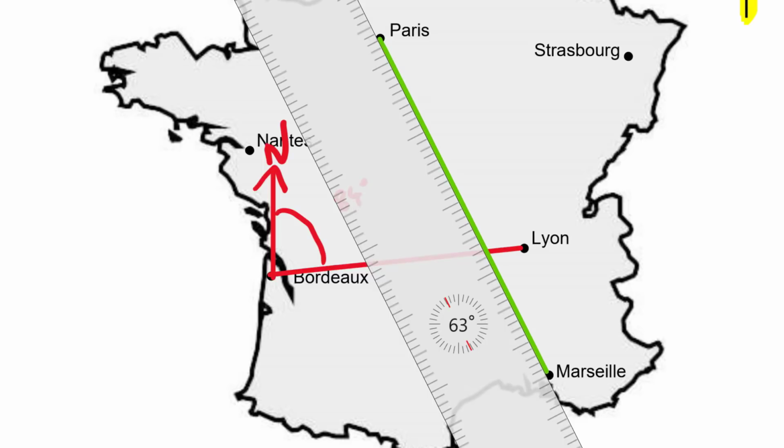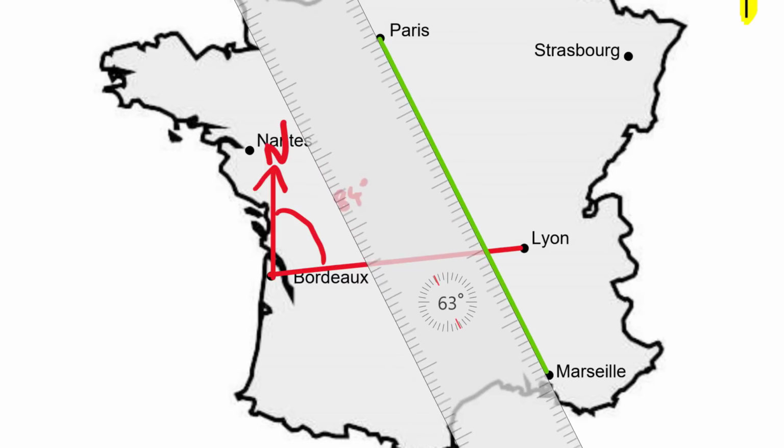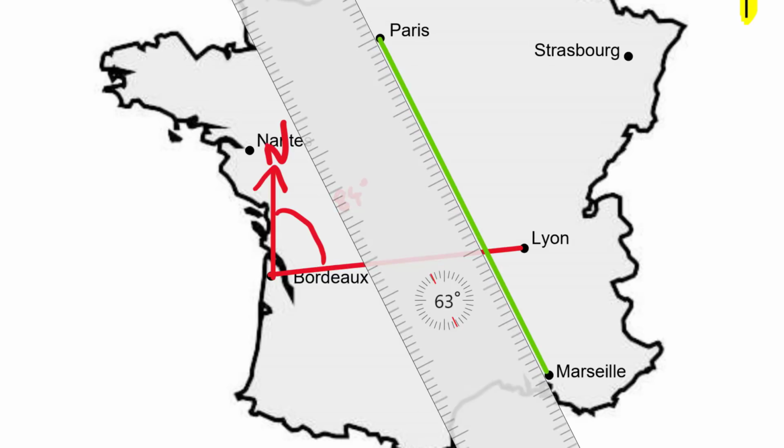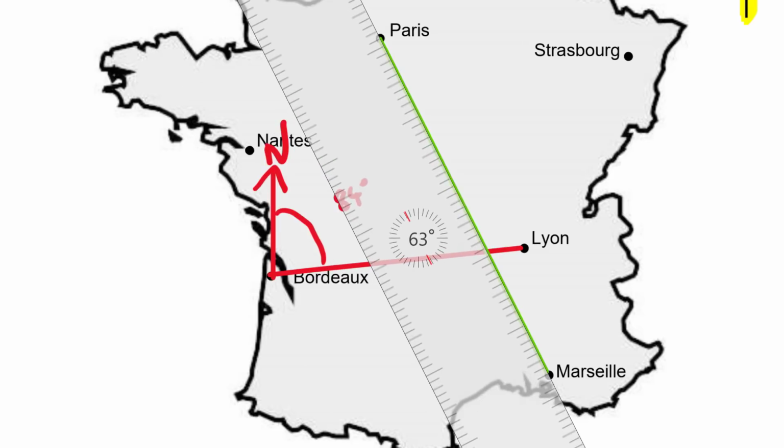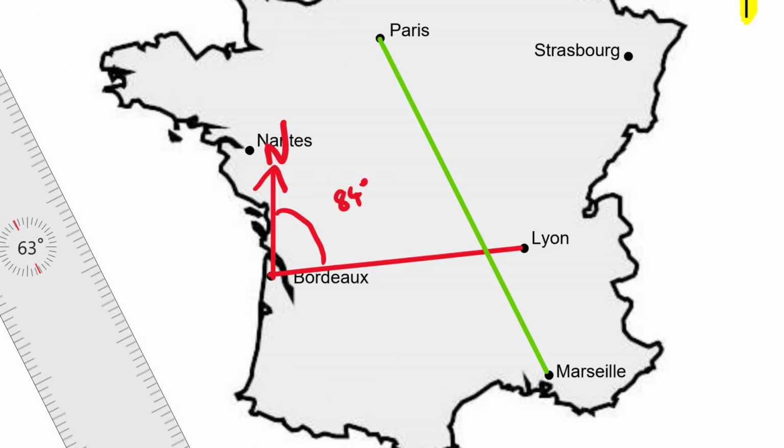Now with your ruler, you're just going to measure that carefully. Count the number of centimeters between Paris and Marseille. Now again, because I'm using an emulated ruler here, I'm not going to be able to accurately measure it to show you, but if I did get a ruler out, I think it is around about 8.2 centimeters.